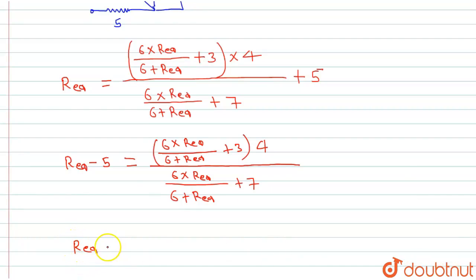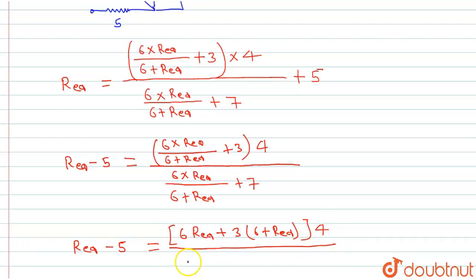So R equivalent minus 5 is equal to 6 into R equivalent plus 3 into (6 plus R equivalent) into 4, divided by 6 R equivalent plus 7 into (6 plus R equivalent). Clear?